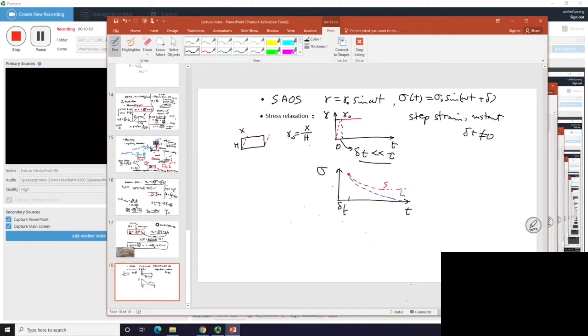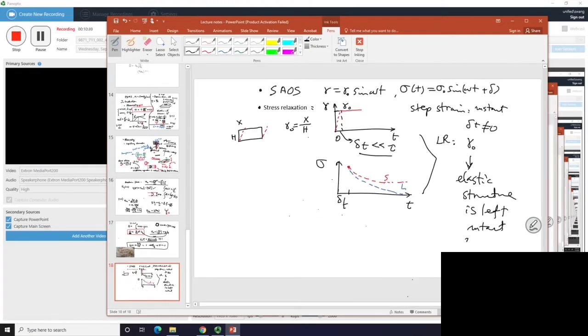And the reason I said this was necessary was to tell you that you can define, oh, there are two things already here, right? I keep talking about linear response, or at least I started to talk about linear response. It really meant to say that the strain you use is small enough so that the elastic structure is left intact during the step strain.